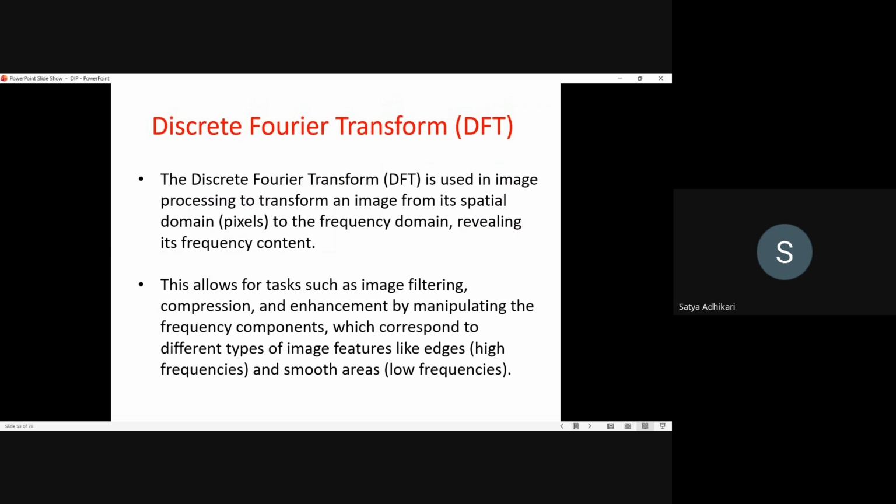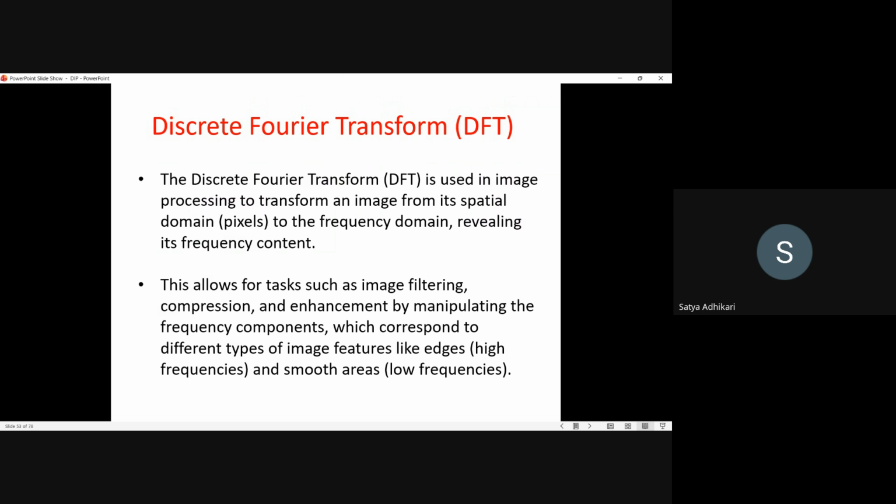Please recall, the discrete Fourier transform is used in image processing to transform an image from its spatial domain to the frequency domain, revealing its frequency content. The content will not change. This transform is only used to convert an image from one domain to another domain, here from the spatial domain to the frequency domain.